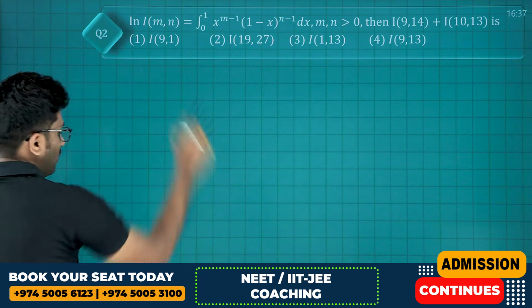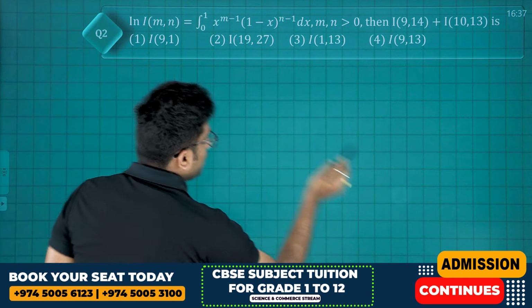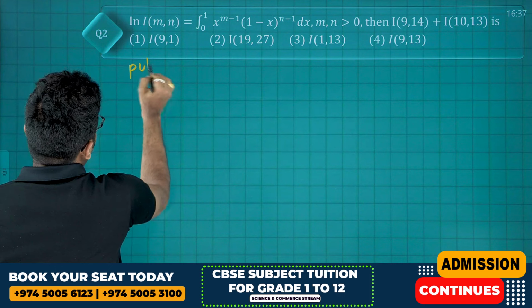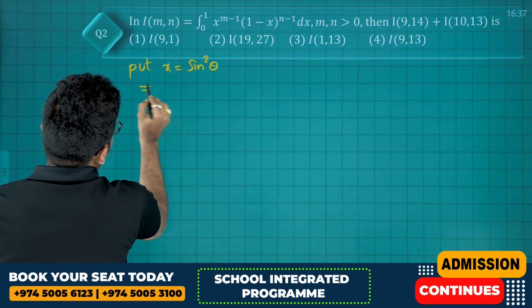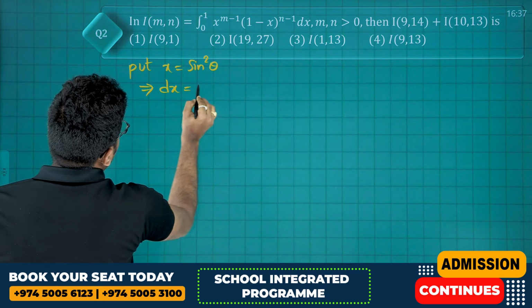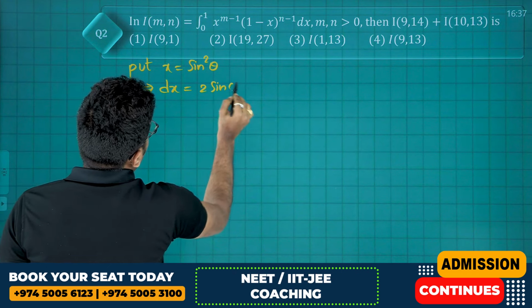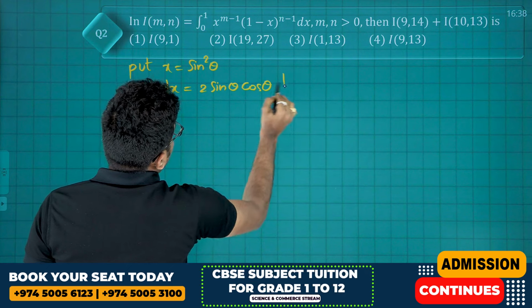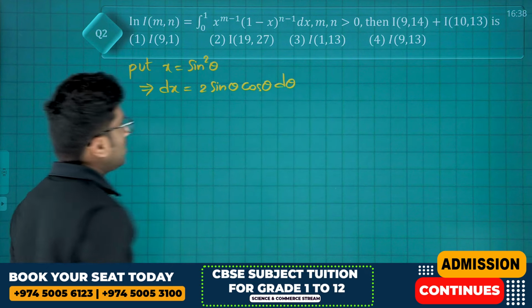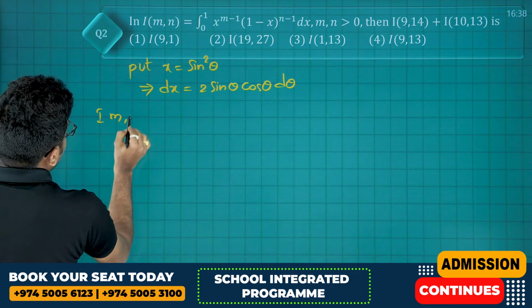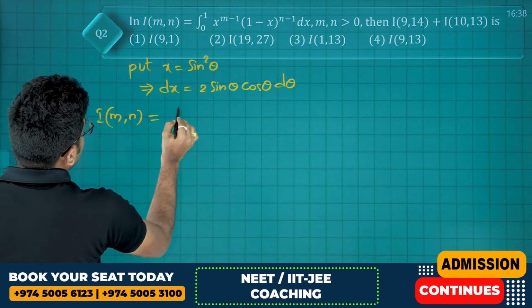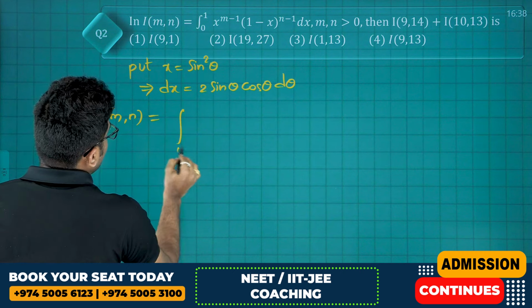So for that, instead of doing this directly friends, we can put x is equal to sine square theta. If x is equal to sine square theta, dx is equal to 2 sine theta cos theta d theta, correct? Now I of m comma n is equal to, if x is 0, theta is also 0.